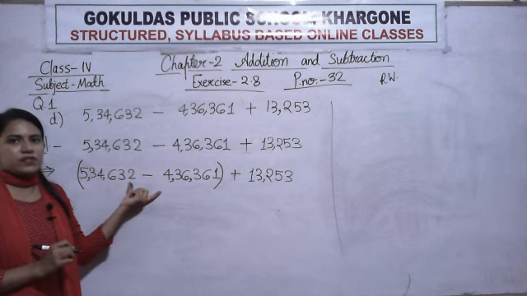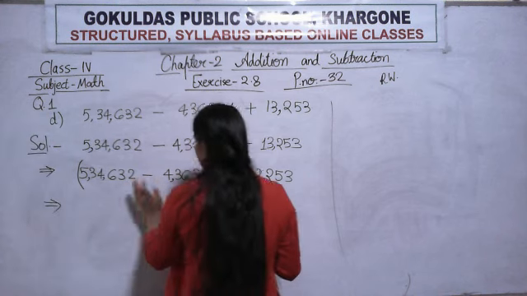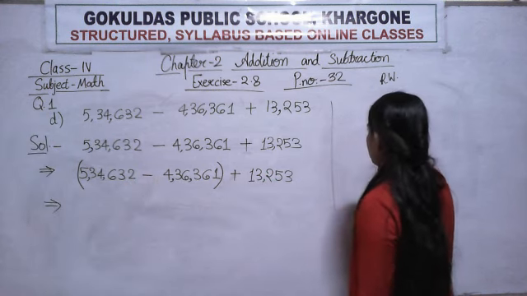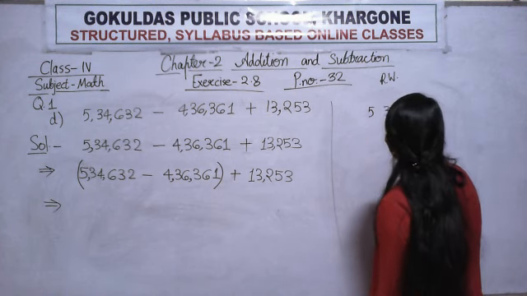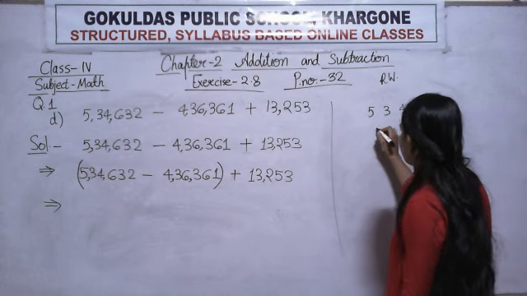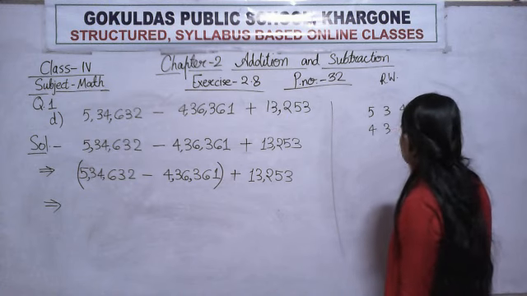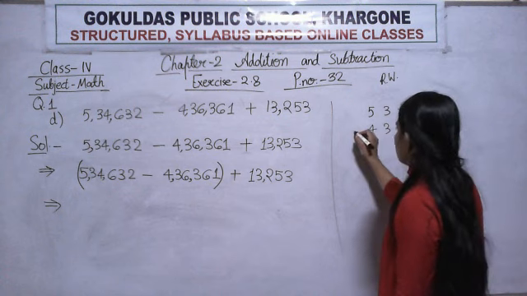In the bracket you observe that subtraction is there. So arrange both the numbers column wise and do subtraction. 5,34,632 and 4,36,361.